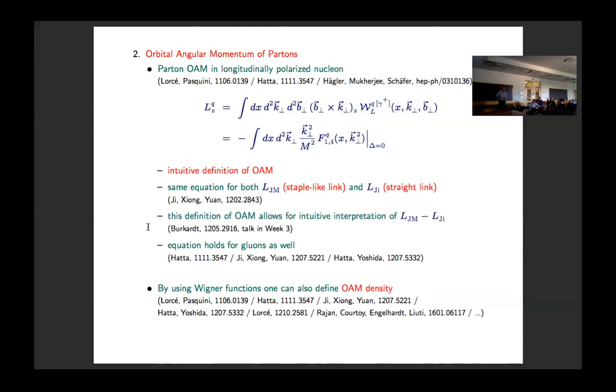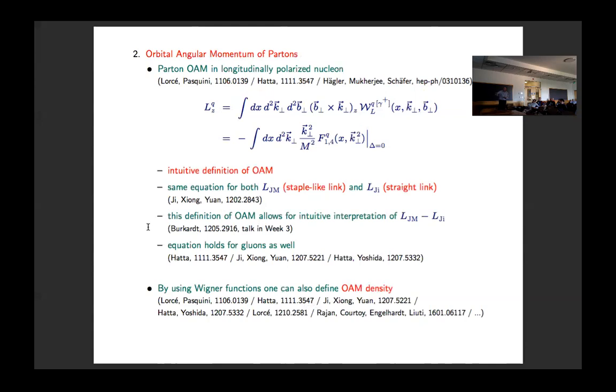Yoshitaka discussed in particular the gauge invariance of this way of defining the orbital angular momentum. One can actually show then relatively easily that this can also be expressed in this way, through one of the GTMDs, F14, which we have seen earlier. This is arguably the most intuitive definition of orbital angular momentum that we have in the field.